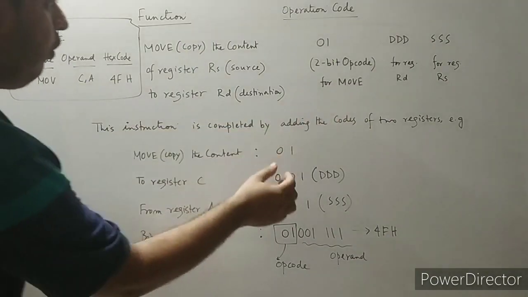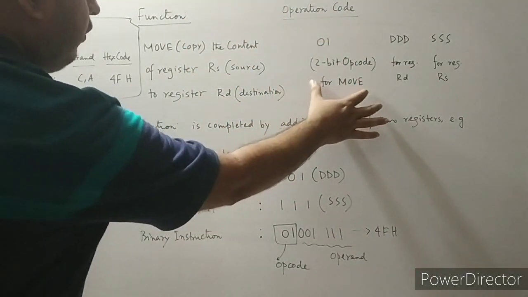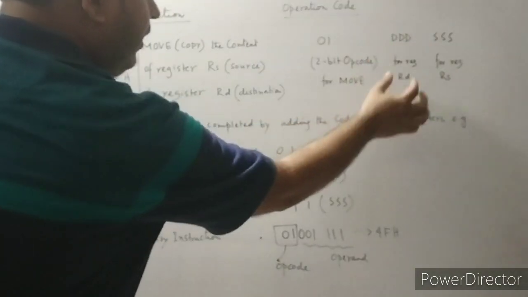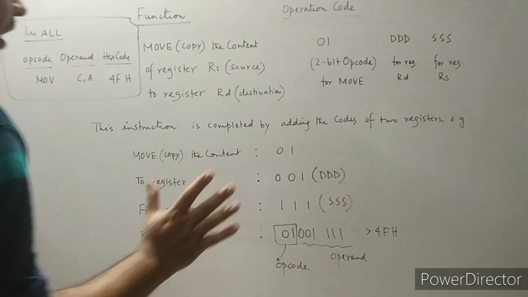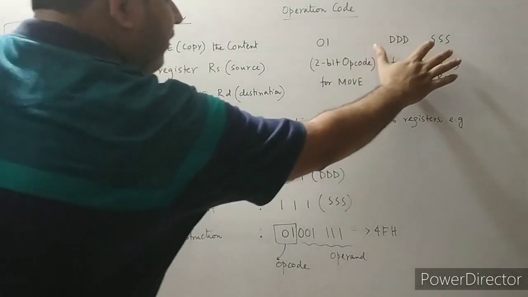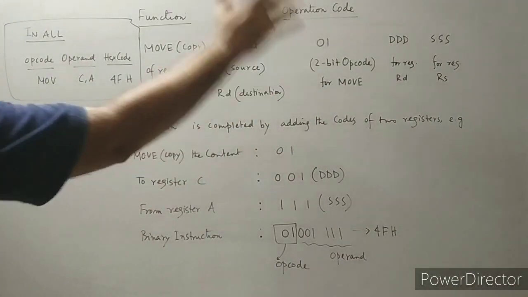The operation code is 01, a 2-bit opcode for this move operation. DDD is the register RD, the destination register. SSS is the register RS, the source register.